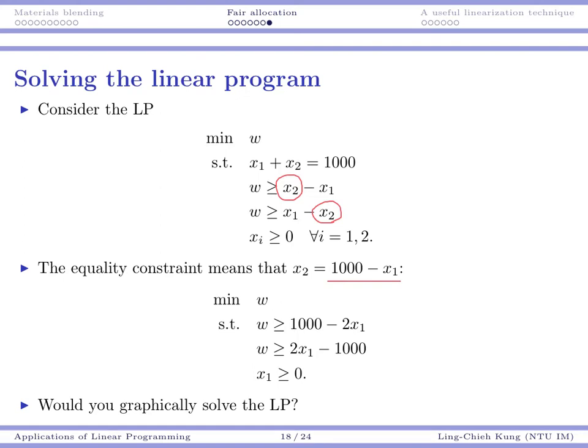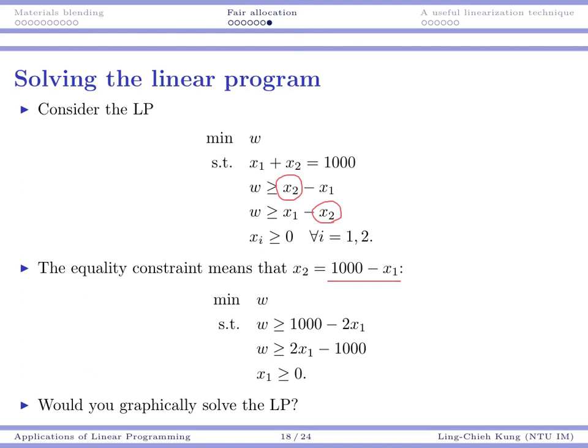In that case, I don't need the first constraint anymore. The second constraint would become w greater than or equal to 1000 minus x1 minus x1. So it's this one. Or the next constraint, w is greater than or equal to 2x1 minus 1000. And now I only have x1, so x1 must be non-negative.